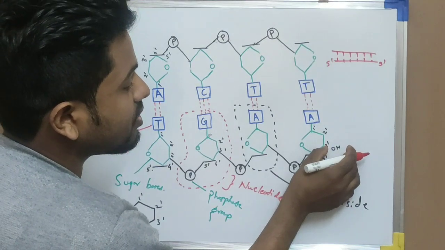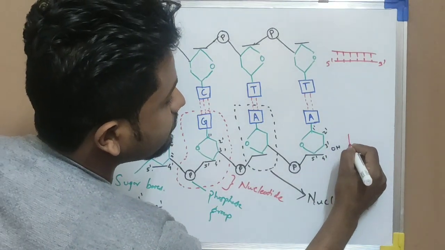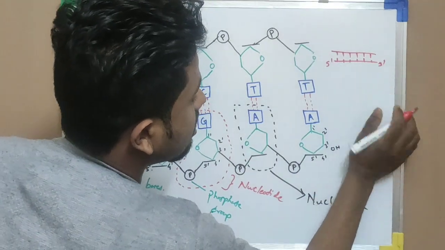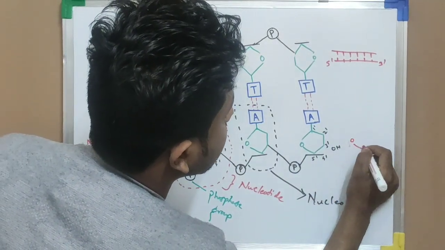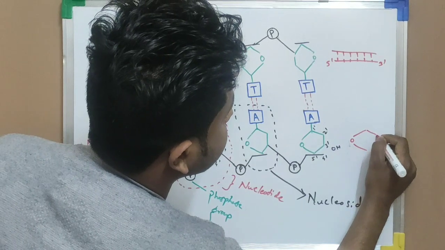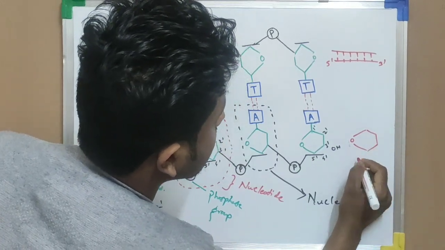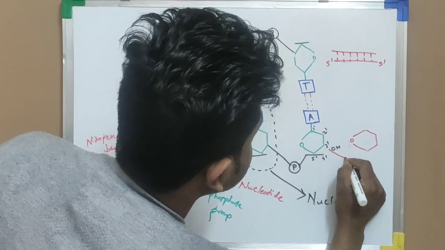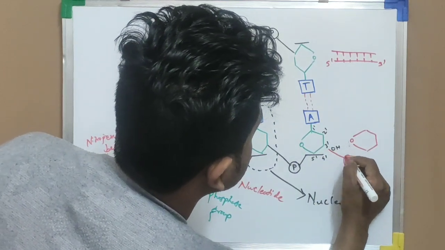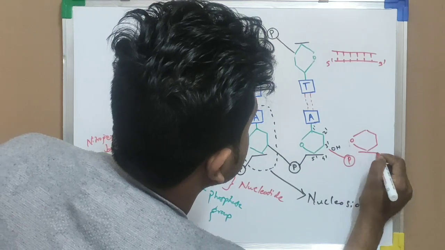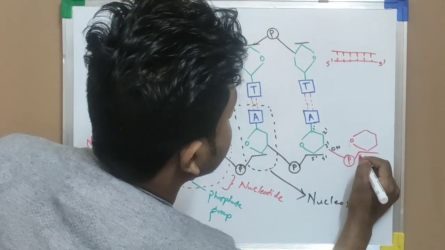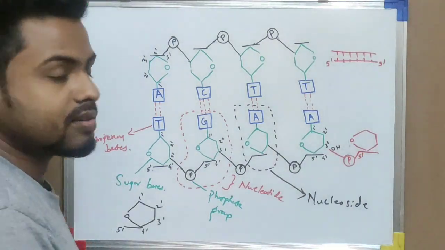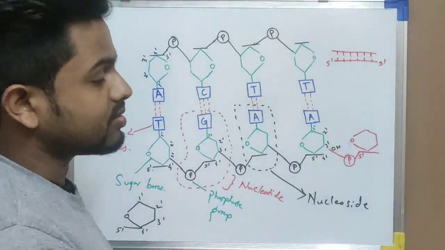And when this 3' end gets another nucleotide with the sugar base, it will pair with the phosphate group of this and the 5' of the later sugar base.